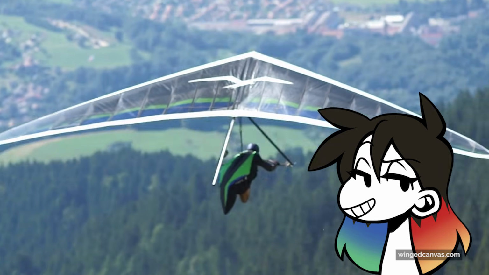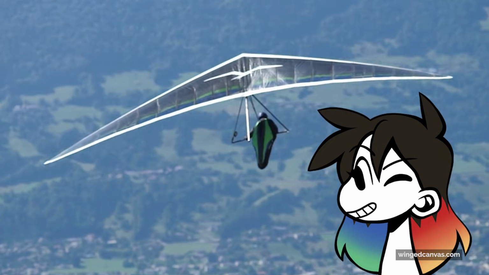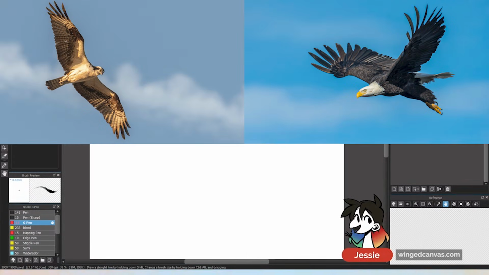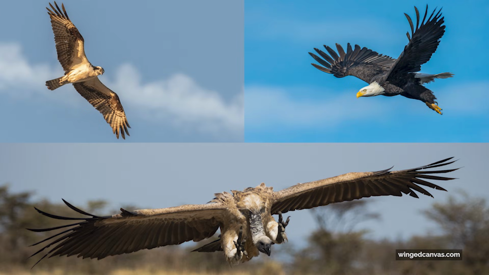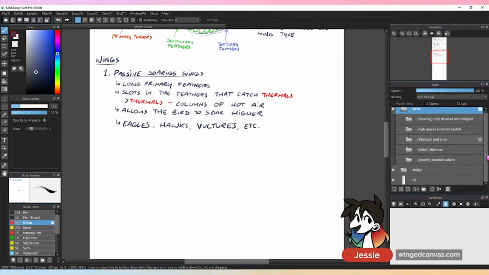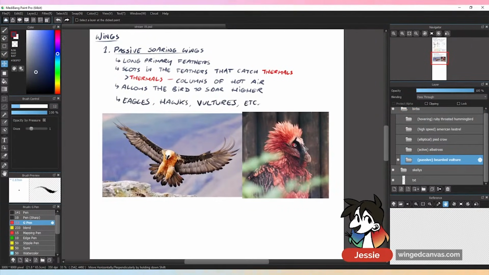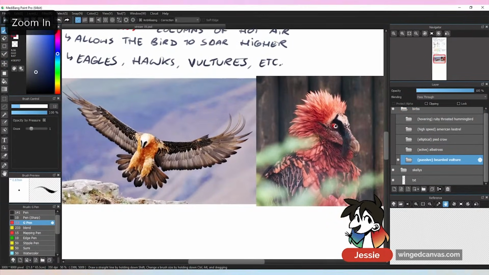Kind of like a glide suit, but there's another type of wing that mimics that a little bit better. These passive soaring wings are generally had by eagles, hawks, vultures, and other birds, but those are kind of the primary ones. So let's look at a bird with those kinds of feathers. This is the bearded vulture. It's one of the largest vultures, and people like to call it the dragon bird because it looks a lot like a dragon.